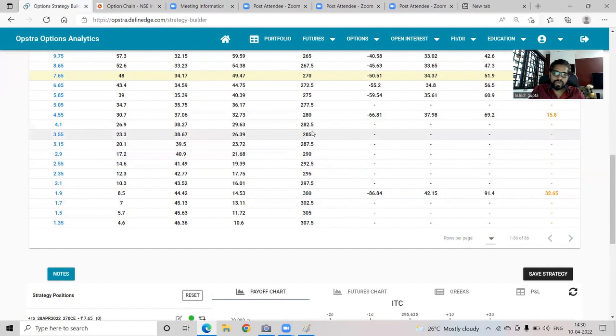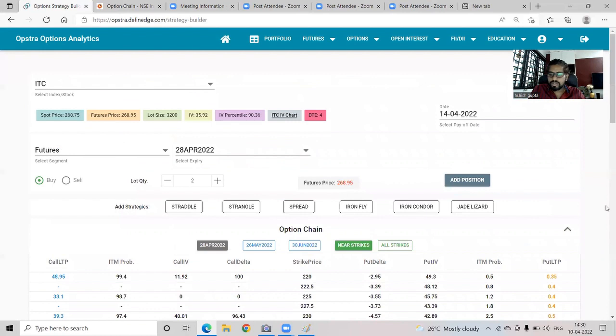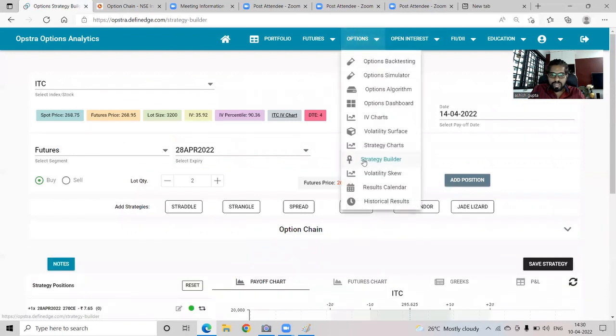If you go far OTM and make it for very little credit or very minor debit, the probability of that trade making money will be much lesser than the probability of this trade making money. So unless you are risking something, the chances of making money also go down. Okay, so that was one on ITC.